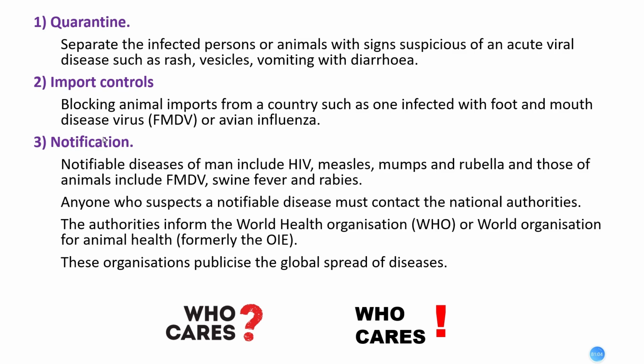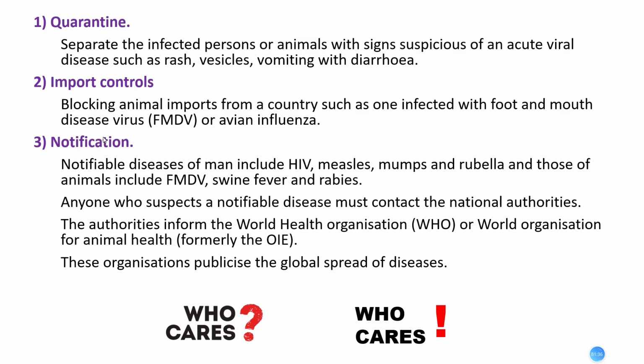It gives them some time to make sure that the suspicious person is safe. So that's the original meaning of quarantine, 40 days. And nowadays, we use this word to mean that we separate infected persons or animals with signs suspicious of a viral infection, to make sure they won't release the virus to other people.